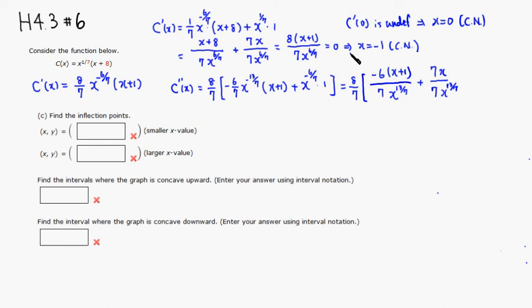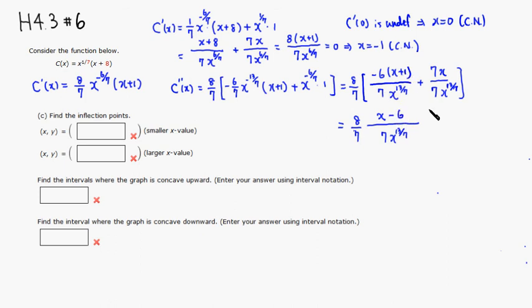Then we can just compute this. So 8/7 just sits there, over 7x to the 13/7. We have a negative 6x plus 7x, so it's just going to be x, and negative 6 times positive 1 would be negative 6.